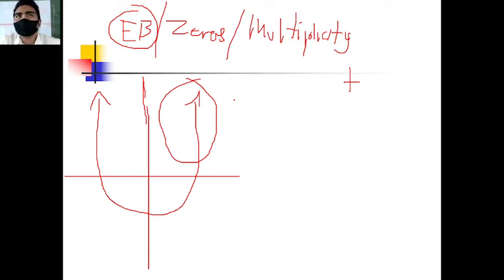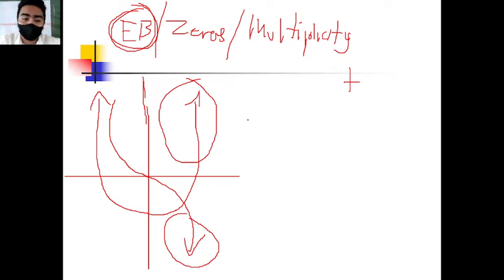Now, what if you are given a graph just like this? It is clearly seen that the end behaviors of this graph fall with fourth quadrant. When it falls with fourth quadrant, it shows us that it is a negative expression.